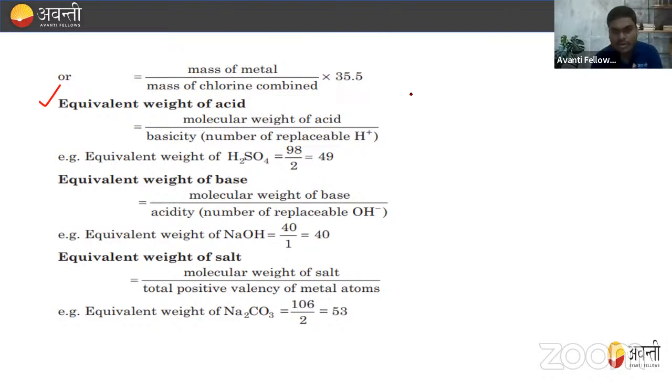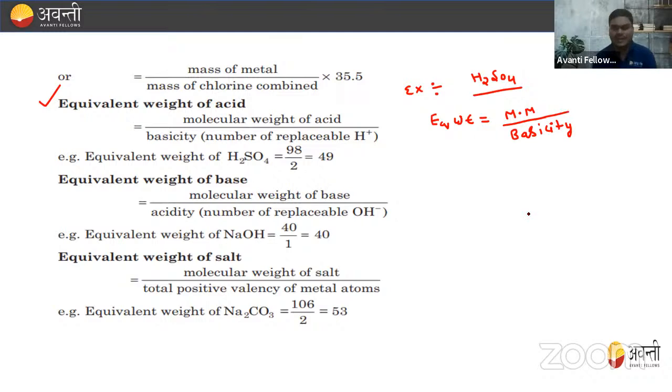So basically if you want to calculate the equivalent weight of an acid, and suppose we have H2SO4, right, and H2SO4 is an acid and you want to calculate the equivalent weight. So what is the equivalent weight for this? So equivalent weight of H2SO4 is nothing but the molecular weight, that is molecular mass, divided by basicity. Always remember, divided by basicity.